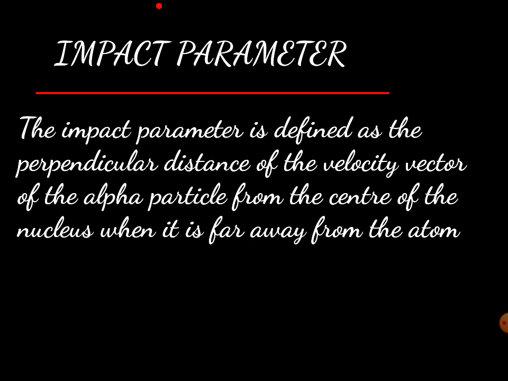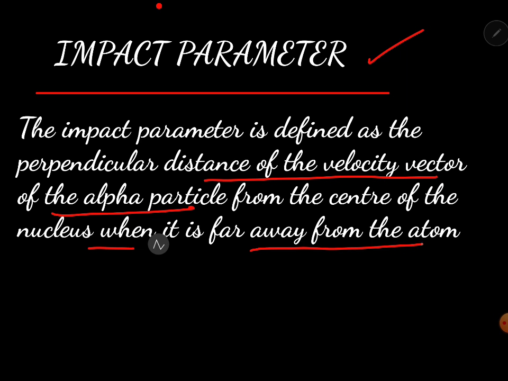Now we have to understand the impact parameter in this experiment. The impact parameter is simply the perpendicular distance of the velocity vector of the alpha particle from the center of the nucleus when it is far away from the atom.